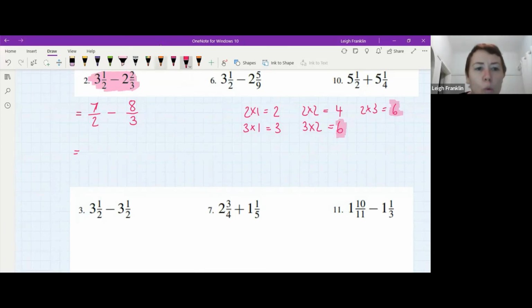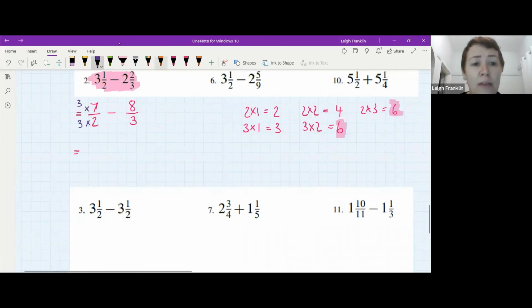All right, so what am I going to multiply 2 by to get 6? I'm going to multiply it by? 3. Excellent. What do you need to multiply the 7 by, Lesejo? 3. Excellent. Exactly, what you do at the bottom, you do to the top. Quite right.